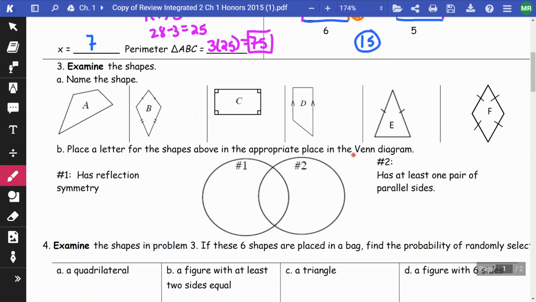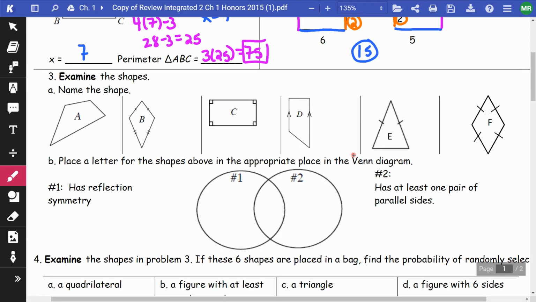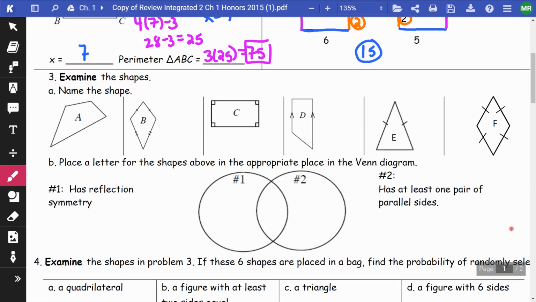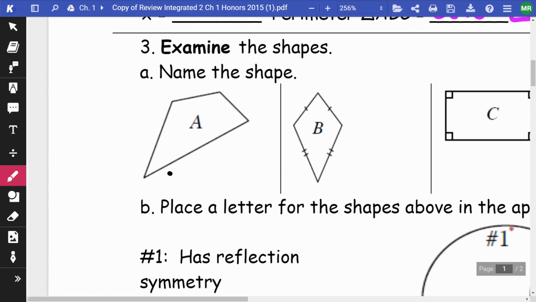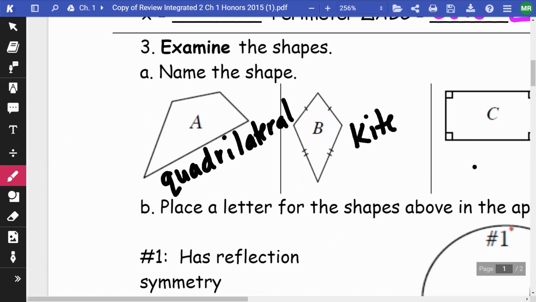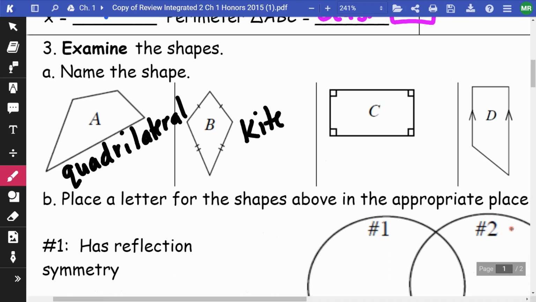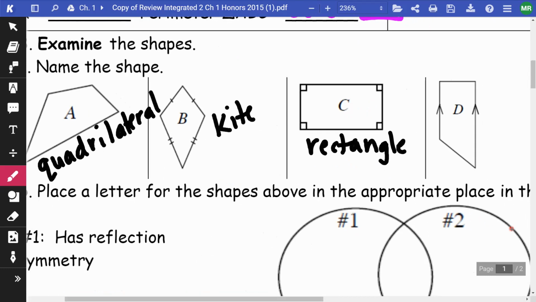Okay, on this, we have to name the shapes, and then we're going to put them into the Venn diagram here. So let me kind of zoom in here. So this one is a quadrilateral. This one is a kite. Rectangle. And this is a trapezoid, but it does have these right angles here.